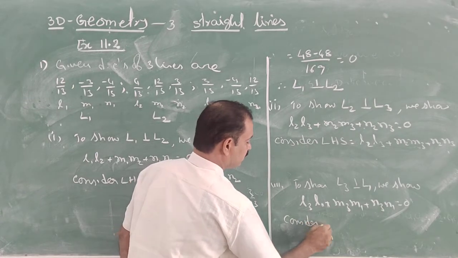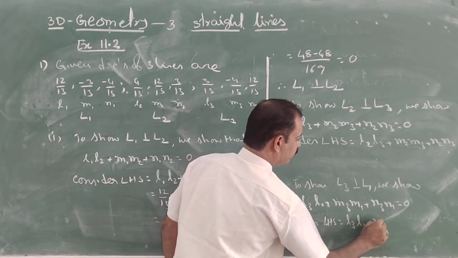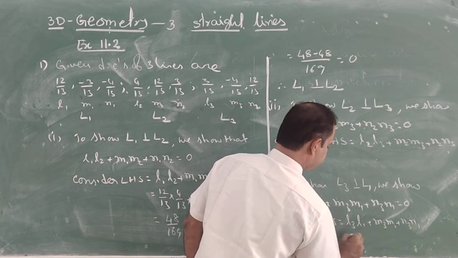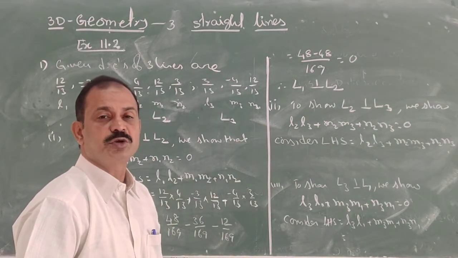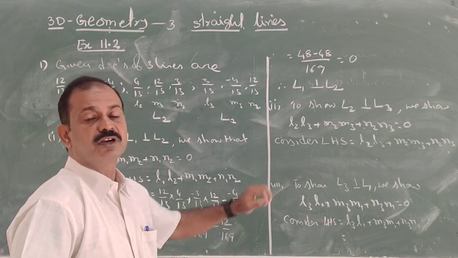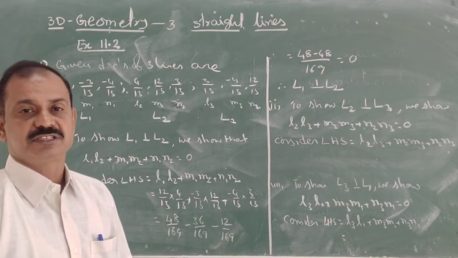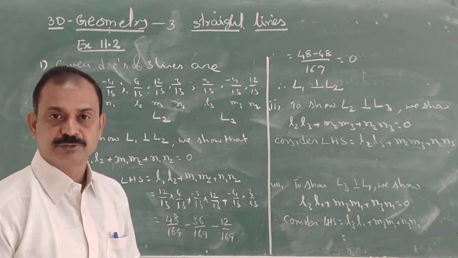Consider the LHS, which is equal to l3 l1 plus m3 m1 plus n3 n1. Substitute the values and show that it is 0. Therefore, the given lines are mutually perpendicular to each other. So, I hope this is a simple concept. You can complete that one.